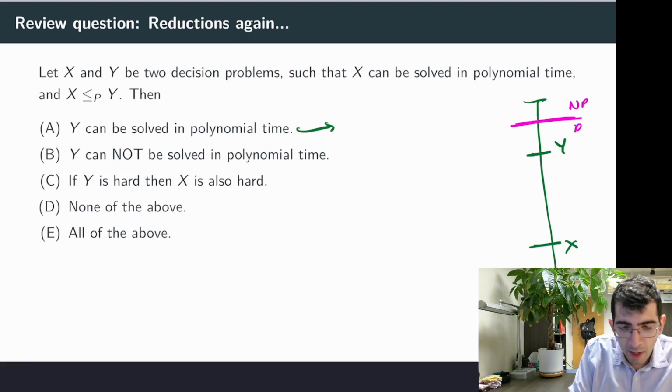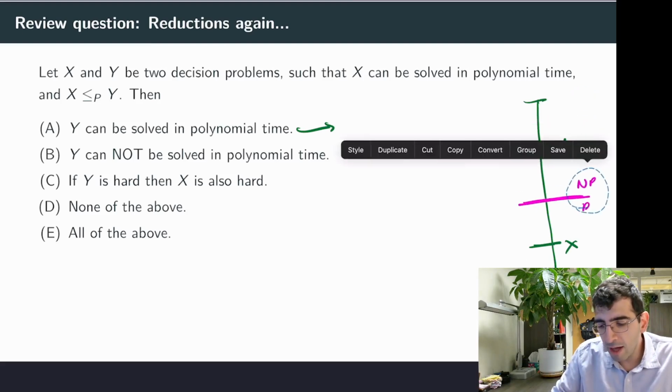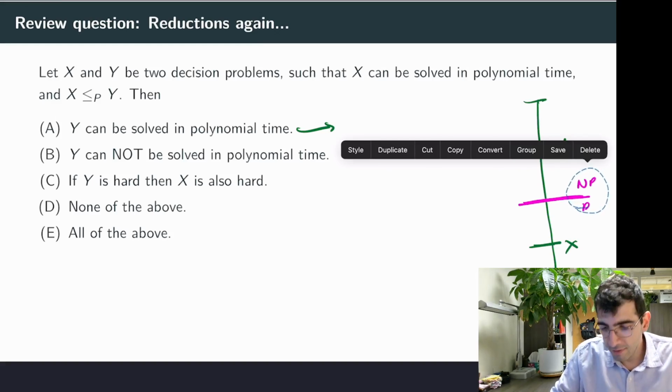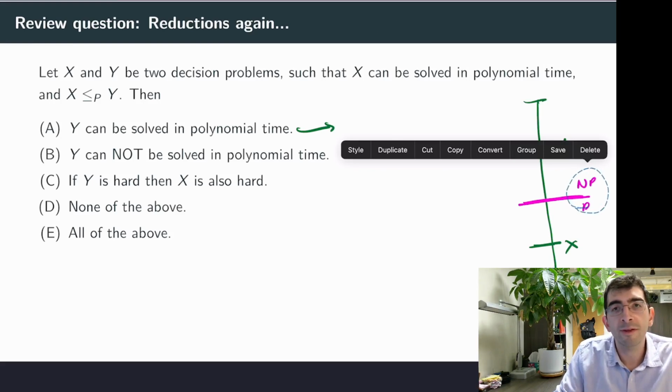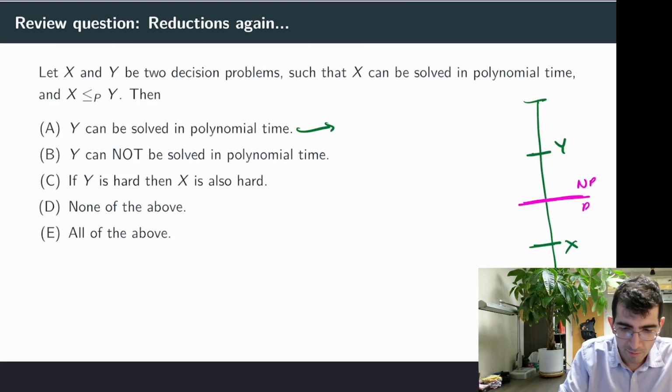Maybe. But we also know that any polynomial time algorithm could be reduced to a much harder algorithm, right? So y could be NP, or y could even be undecidable, as we'll discuss later on. So just because x is polynomial time doesn't mean y is polynomial time. X is the lower bound. So this is untrue.